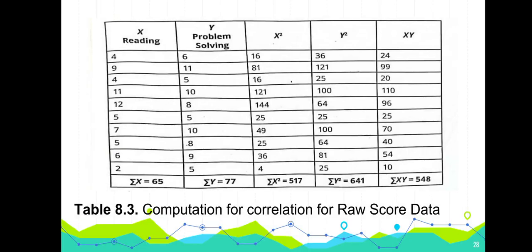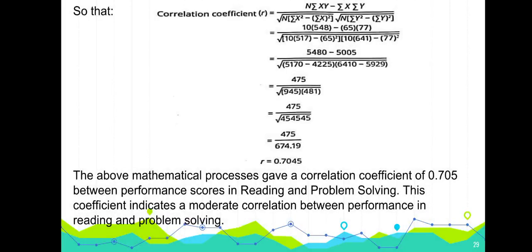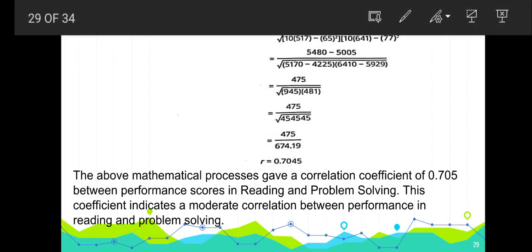It shows the computation of correlation for the raw score data. R equals n times summation of xy minus summation of x times summation of y, over the square root of the quantity n summation of x squared minus the quantity summation of x, squared, times the square root of the quantity n summation of y squared minus the quantity summation of y, squared.